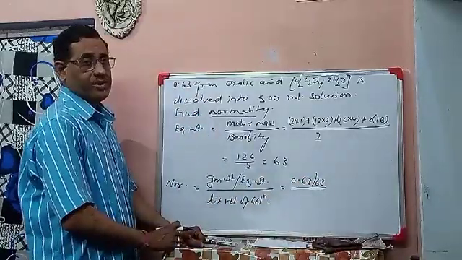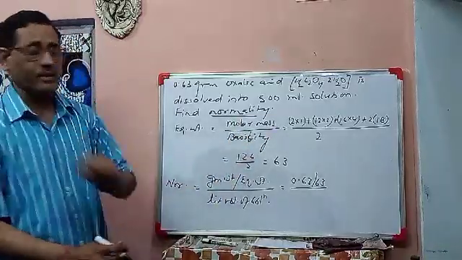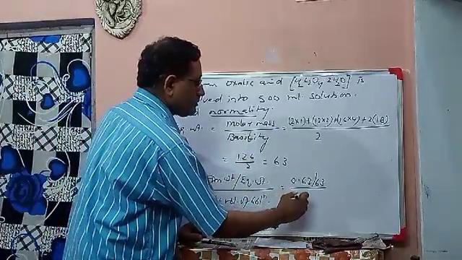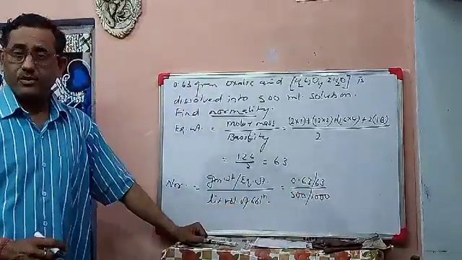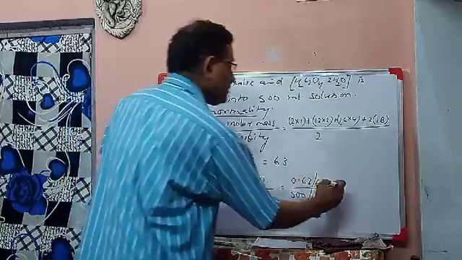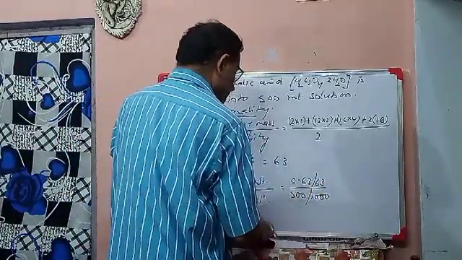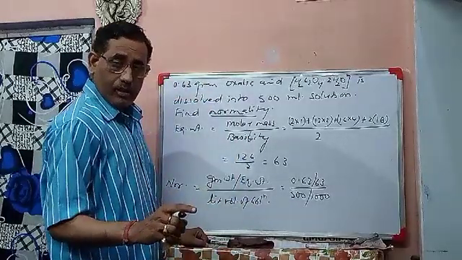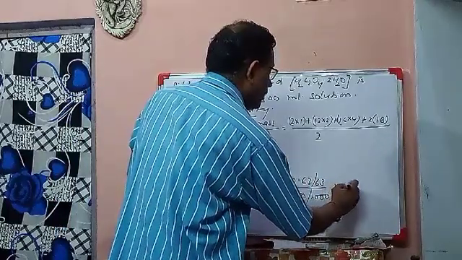Equivalent weight 63. And volume is given in your question, 500 milliliter. You change it to liter, for which you divide by 1000. It comes in gram equivalent per liter, or shortly you can write normal.